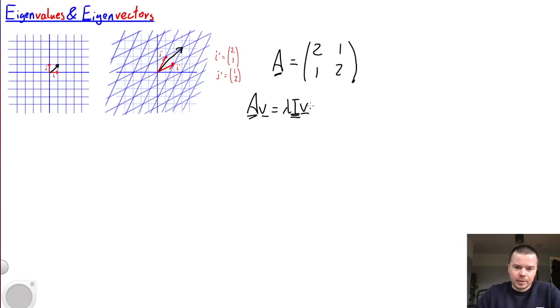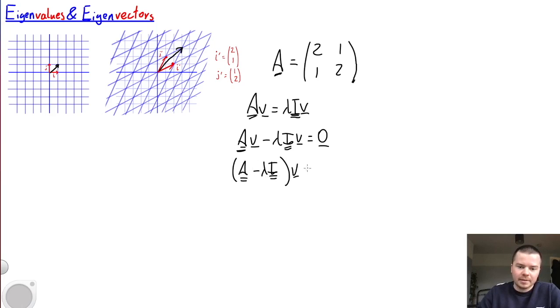So first thing we're going to do now is shift this all to the left-hand side. So we're going to have Av minus lambda I v, and that's going to equal the 0 vector, which in this situation is a column vector of 2 zeros. Now we can factor out the v, so we end up with A minus lambda I, all multiplying v, once again giving us the 0 vector.